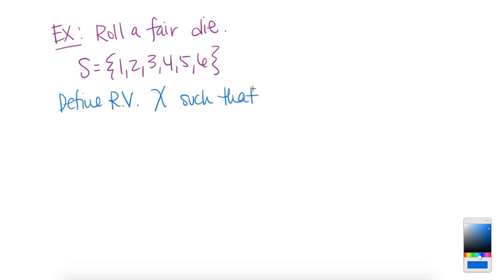This time we'll have X take whatever our roll is and multiply it by 3, such that X triples the number we roll.